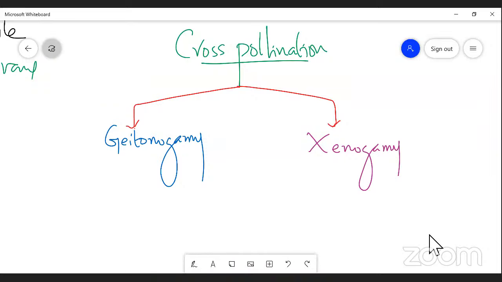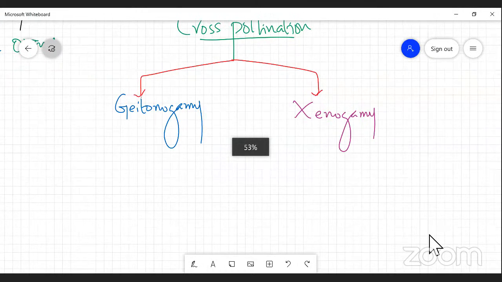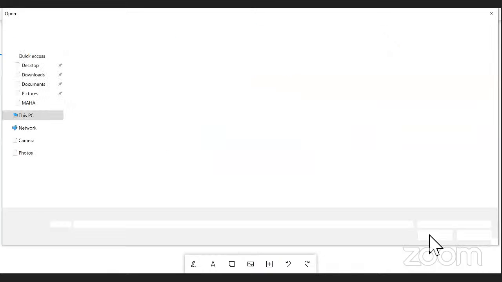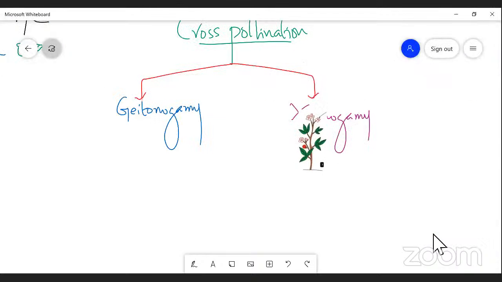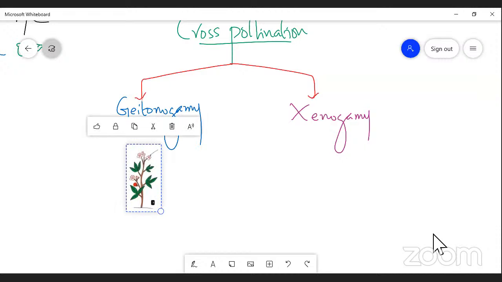I would like to draw a diagram for this geitonogamy, right? This is the structure of a plant.